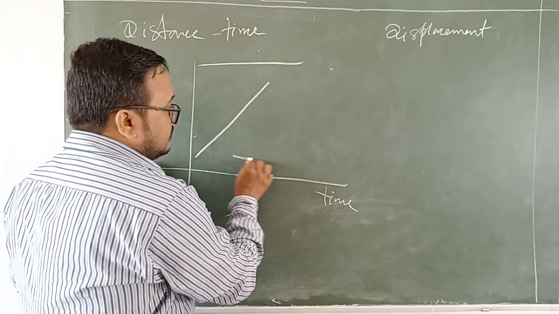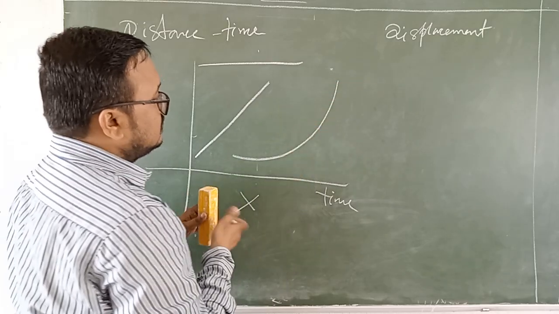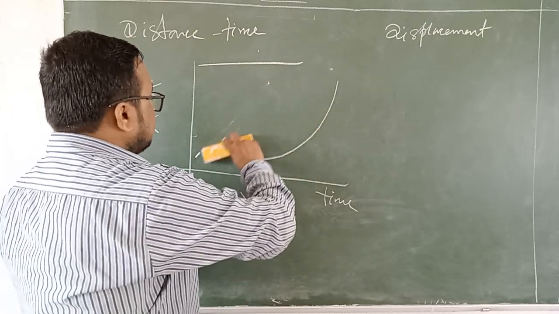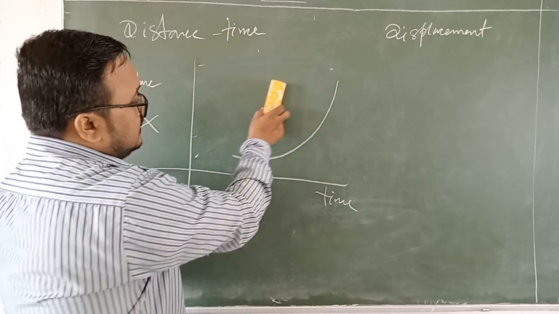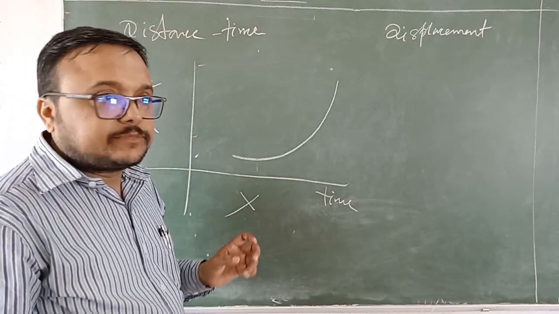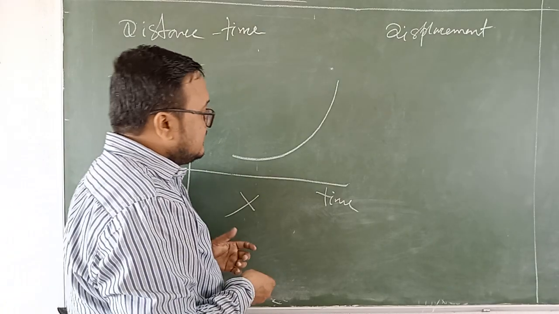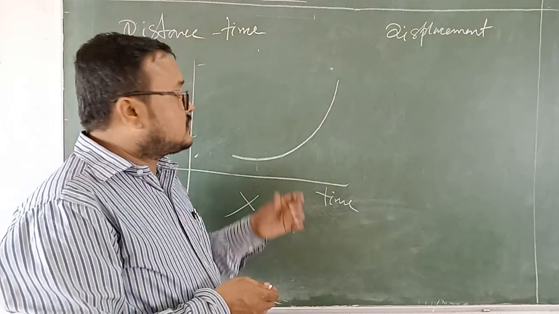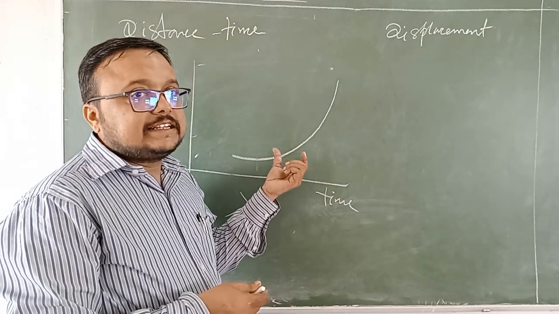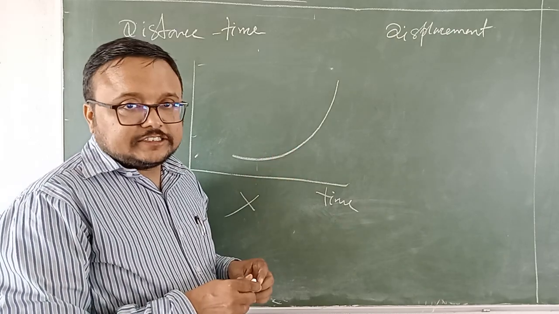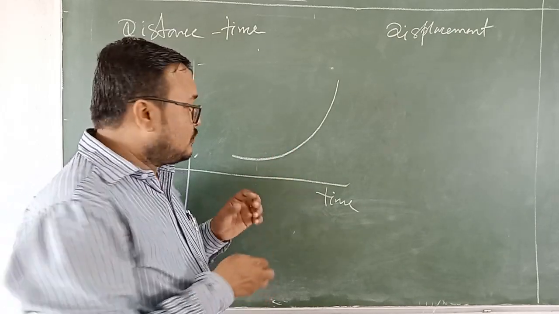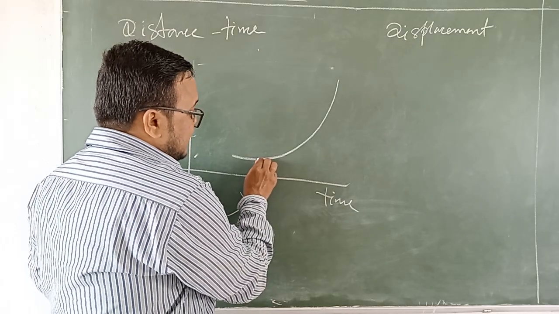If it is curve means either it is accelerating or deaccelerating. But how we know it is accelerating or deaccelerating? So the slope on the curve, or you can say tangent on the curve, give the speed at that point. So we will draw some tangent.